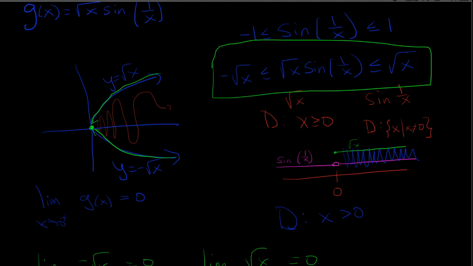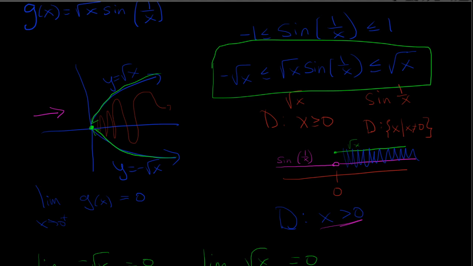Okay, next question is, what happens if I approach 0 from the left? If I come here from the left, what happens to g of x? Well, g of x is not defined for x less than 0. It's only defined when x is greater than 0.